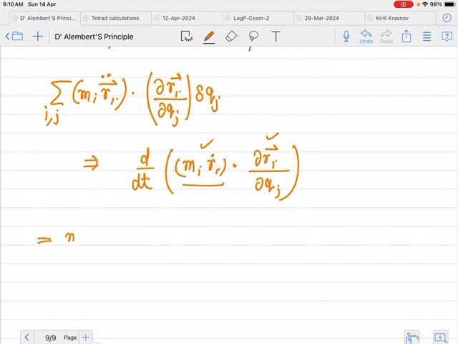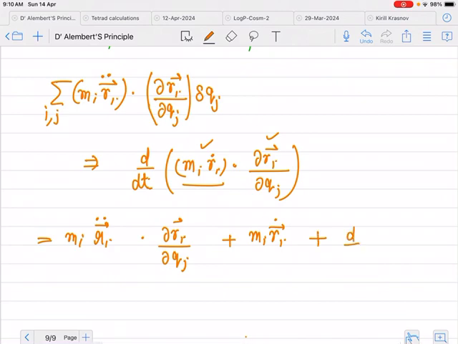So it becomes mi ri double dot, first derivative, second expression as it is, plus first expression as it is, derivative of the second.